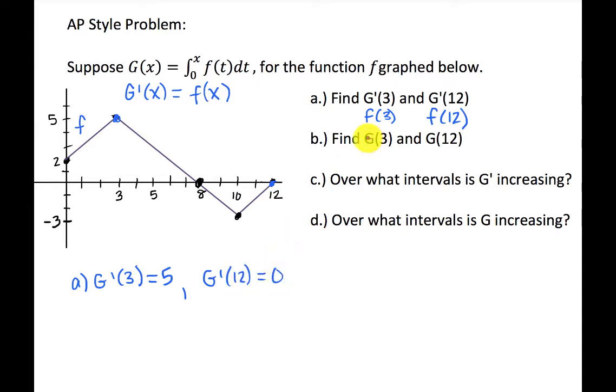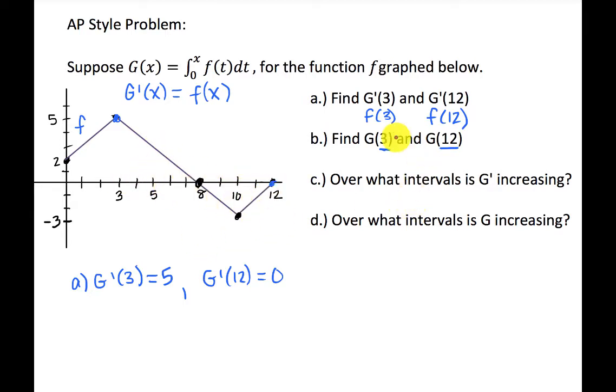Okay, so for part B, they're not asking about the derivative, they're asking about g. So for g, I'm going to evaluate the integral from 0 to 3, and then the integral from 0 to 12. So what does that mean? I don't have a function to actually take the antiderivative of. We have to remember that the interpretation for the definite integral would be the area between the curve and the x-axis.